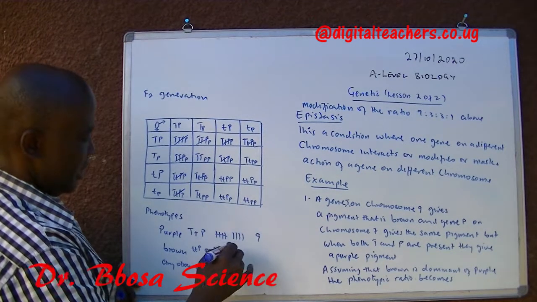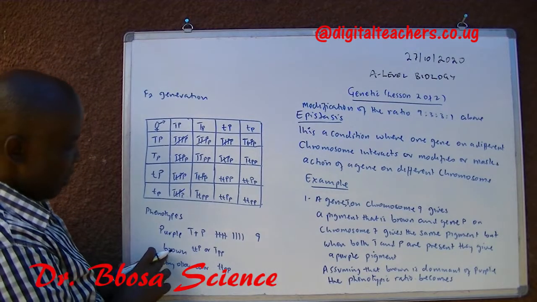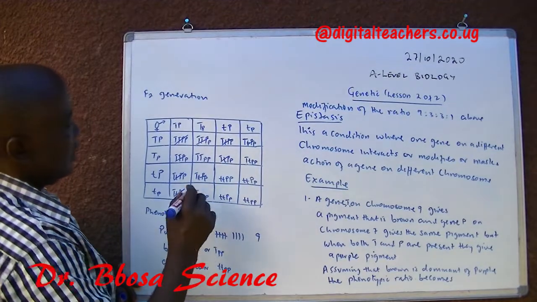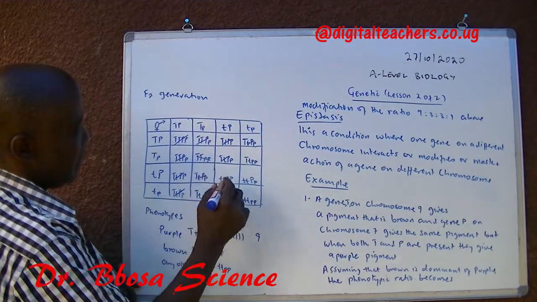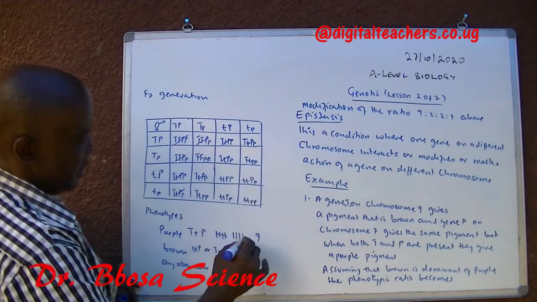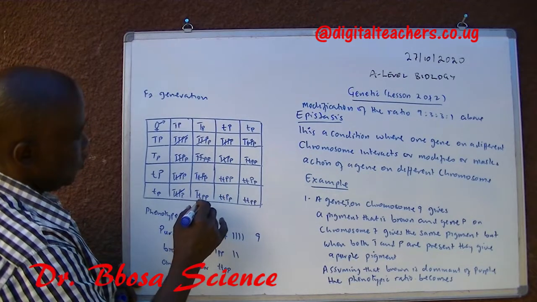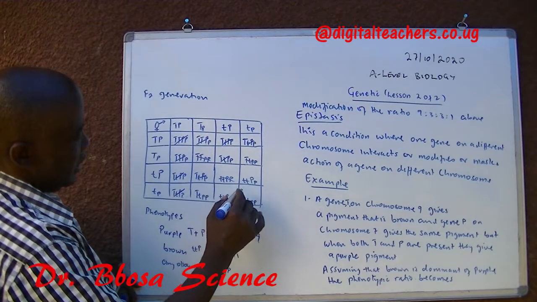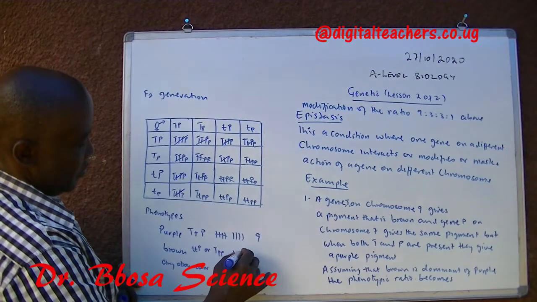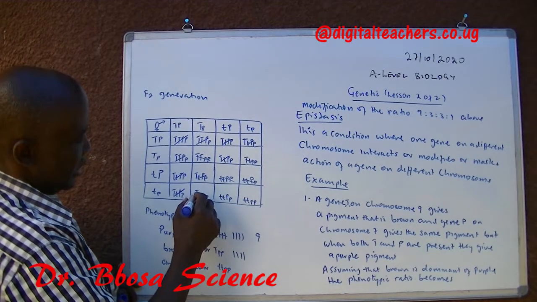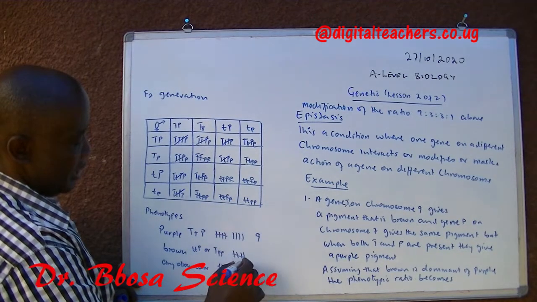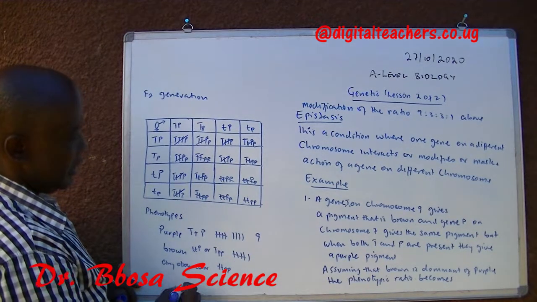So you have 9. To have brown, we have either P or T. So when you have T, 1, 2, 3, 4, 5, P, 6.